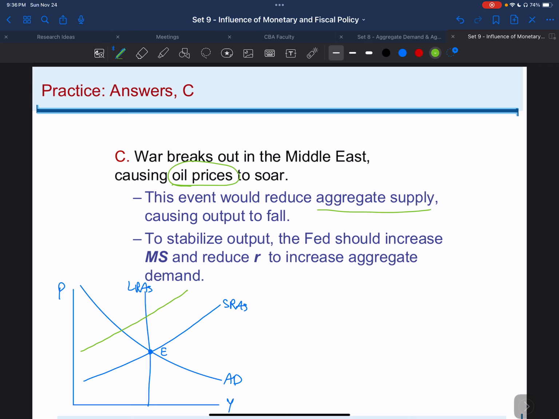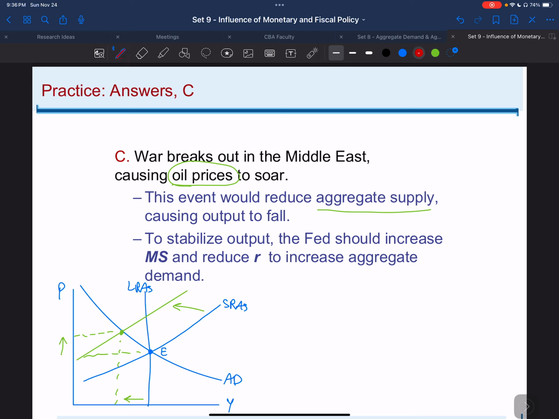When the oil prices increase, we're going to see this aggregate supply shift to the left, and this is going to cause stagflation. Level of the prices are increasing while the output has been decreasing. So the government needs to stabilize this situation.